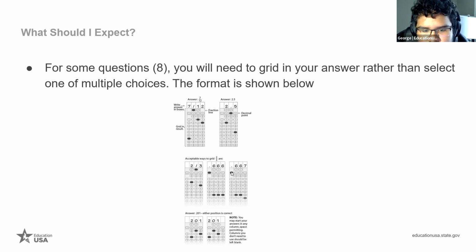So you can see this is the same answer, except you write 0.667, which is the same decimal approximation of 2/3, but it has a rounded value at the end.